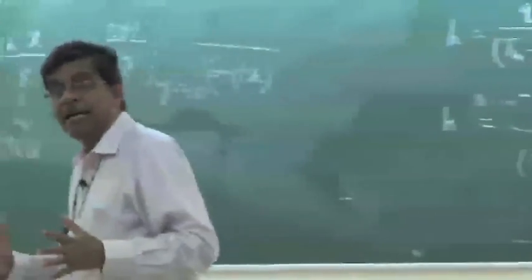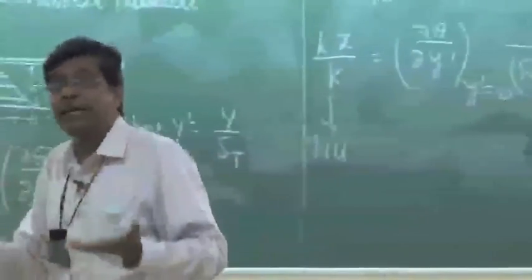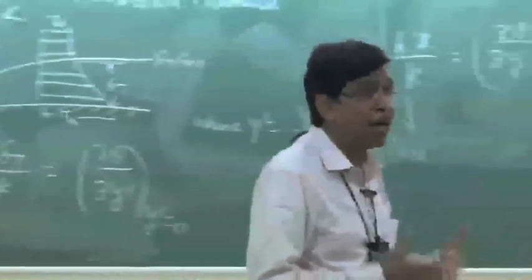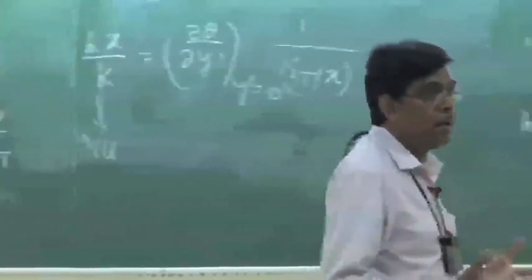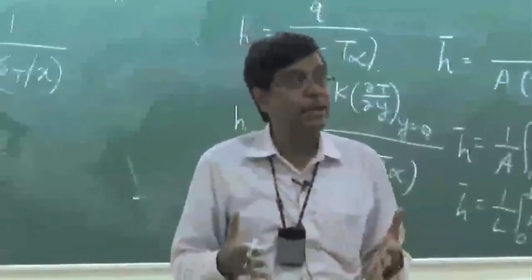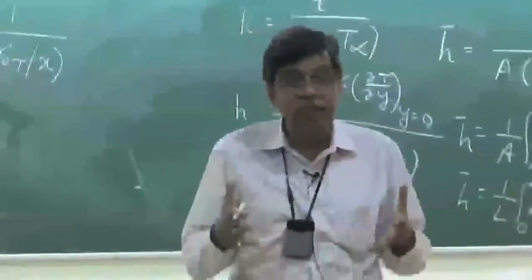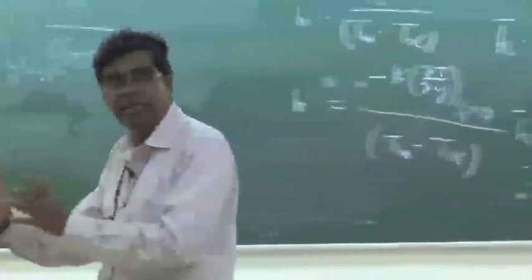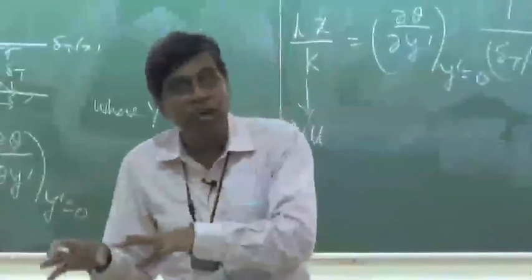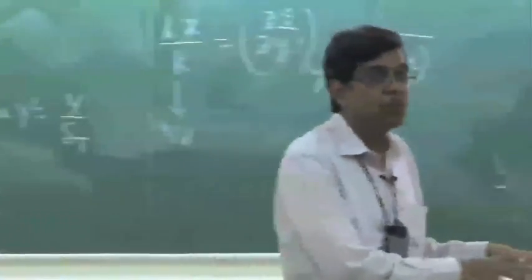Along with that, generation of energy by the viscous dissipation because of the work done against the viscous forces. All these things will be taken together to derive the energy equations where the velocities will appear, and the velocity field will be given by the Navier-Stokes equations.